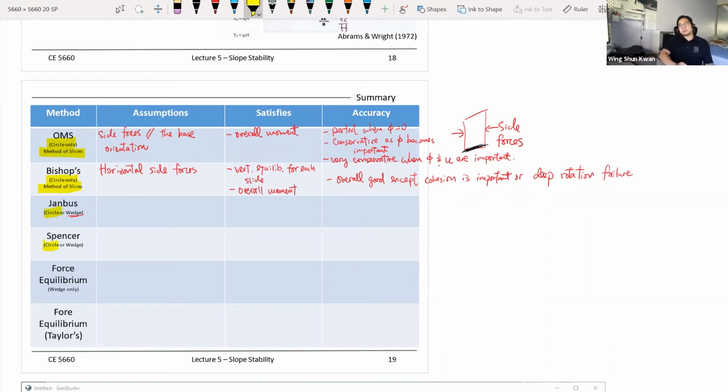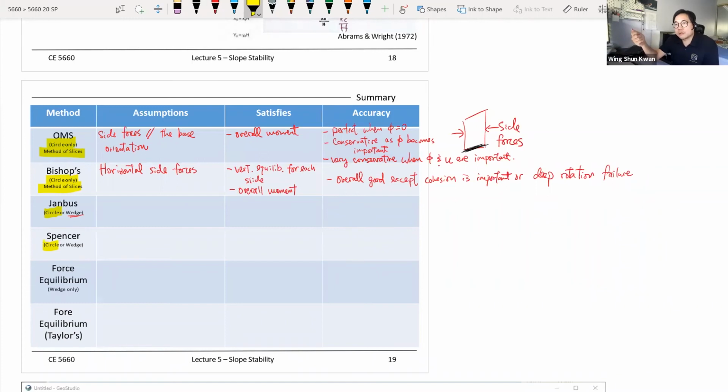There are two more options, which are the Janbu method and also the Spencer method. Those methods also satisfy the circular slip surface, and those are a little bit more advanced methods.